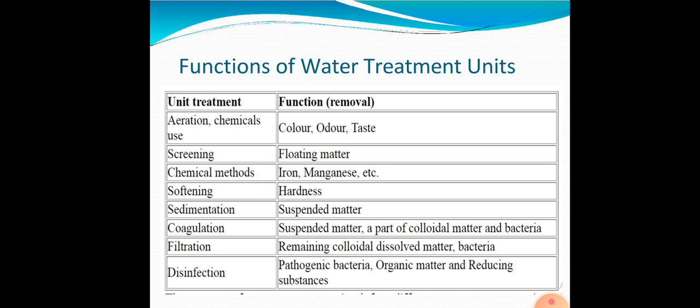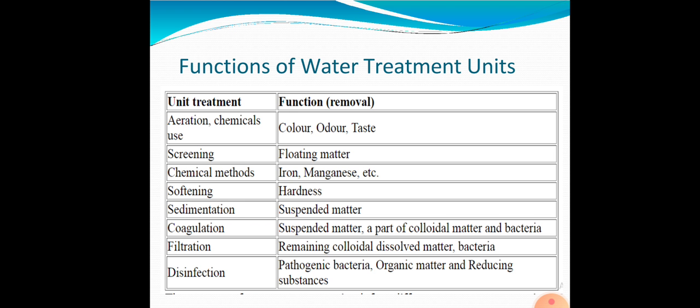And finally disinfection, it is a process where you remove the pathogenic bacteria, any organic matter, or any other substances that are present in water which are detrimental to the health of the people who are consuming the water. So these are the various functions of the treatment units.